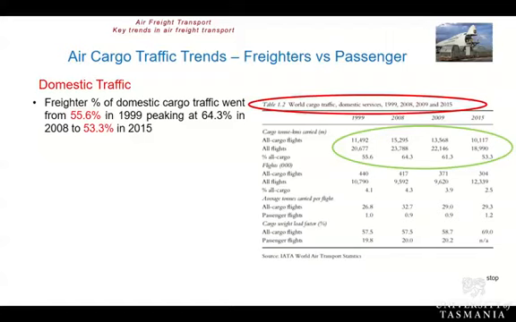In 1999, 56% of all cargo was carried on a freighter aircraft. It now sits at around about 53%. So that's more than is carried on all the flights domestically for passenger aircraft. Passenger aircraft are carrying about 47%.